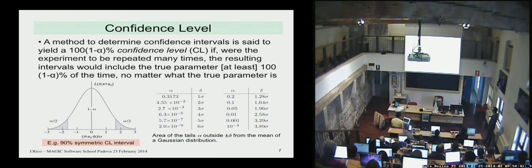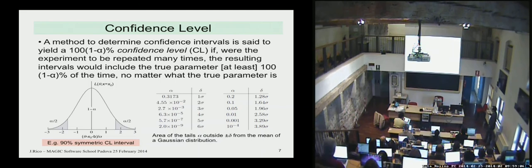So this here would correspond to more or less 68% confidence level. That is 1 sigma. So we should integrate, which would mean that the confidence interval would be from -1 to 1. For 2 sigma, from -2 to 2, and it would correspond to a little bit more than 95%.